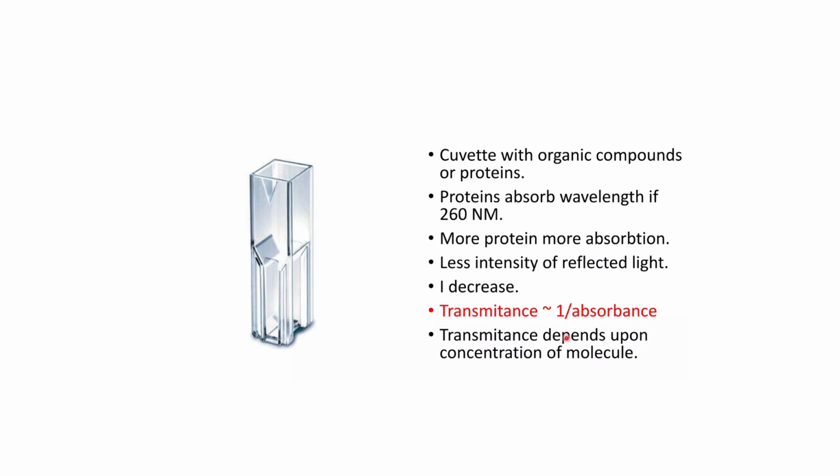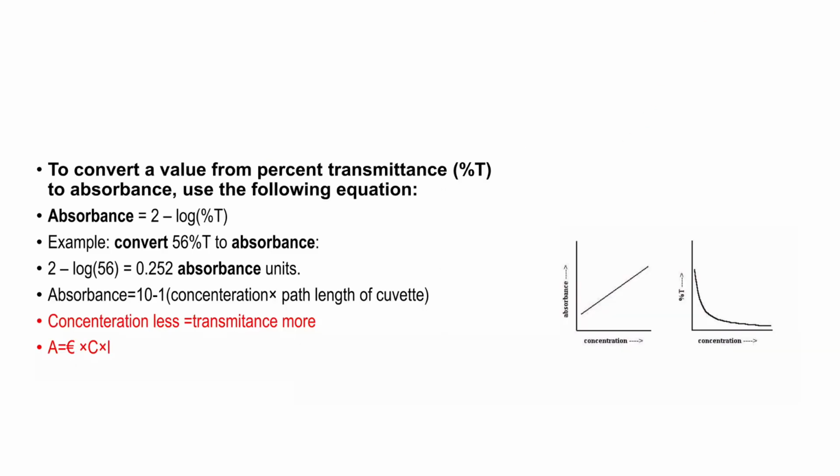Also, transmittance, like we just saw, depends on the concentration of the molecule. To convert a value from percentage transmittance to absorbance, we use the following equation: absorbance is equal to 2 minus log of percentage transmittance.